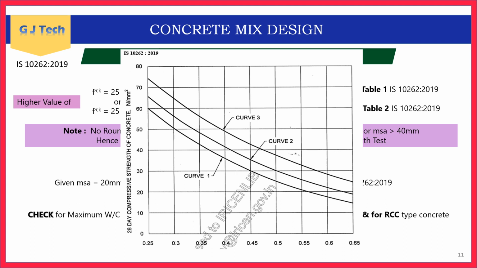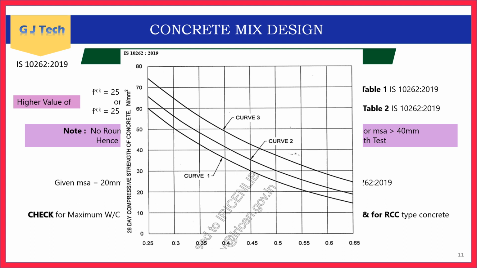If the water cement ratio was not prescribed, we would have referred to curve number 2 and the 28 days compressive strength of concrete on the y-axis would have been our target strength. For these two respective values we would have obtained the respective water cement ratio.